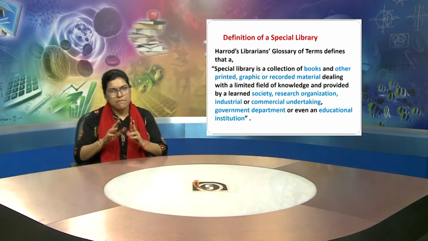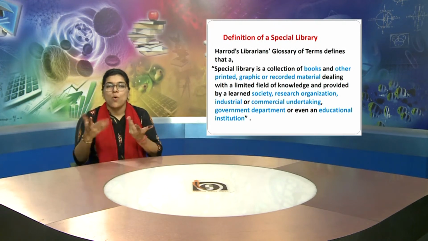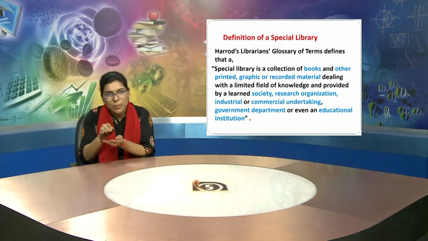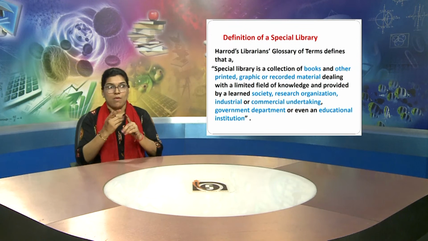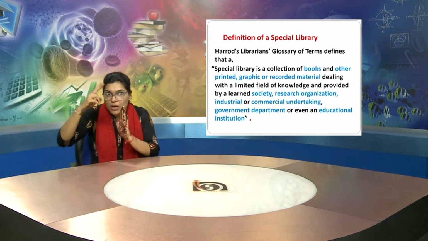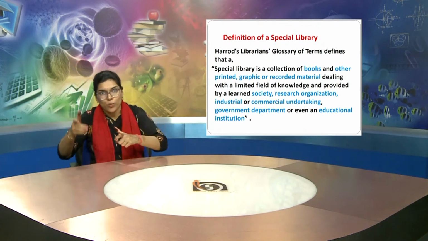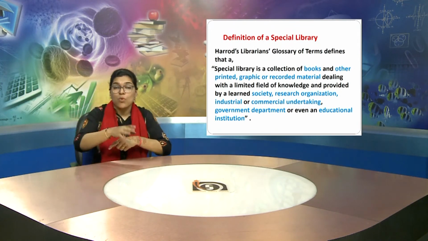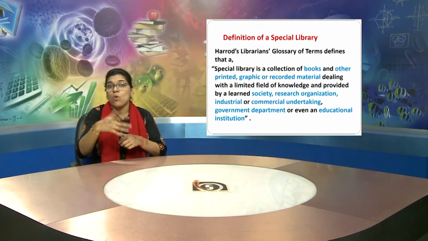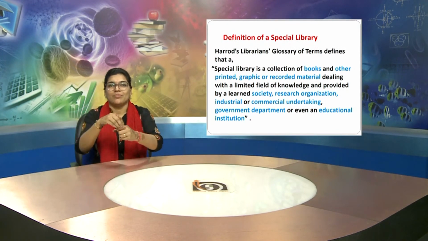The Harrod's Librarian's Glossary of Terms defines the meaning of special library as a collection of books and other printed, graphic or recorded materials dealing with a limited field of knowledge and provided by a learned society, research organization, industrial and commercial undertaking, government department, or even an educational institution.